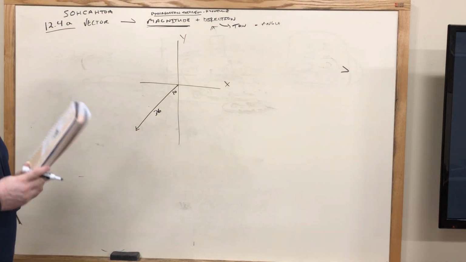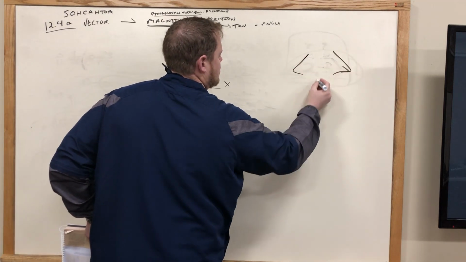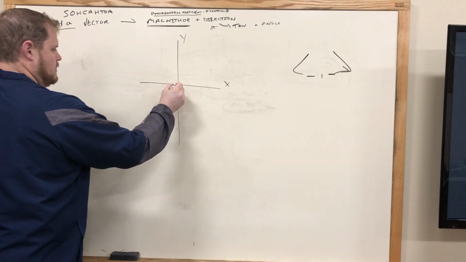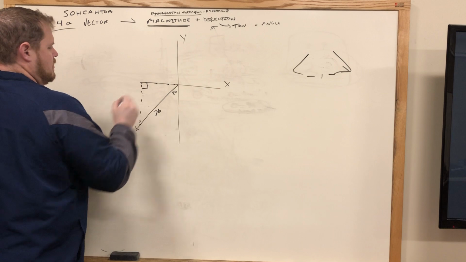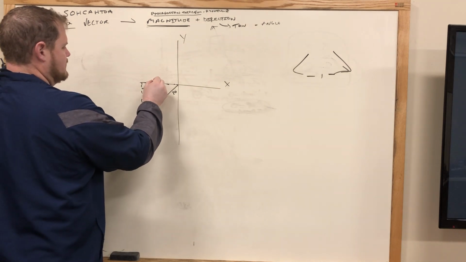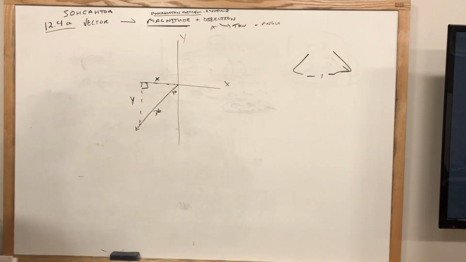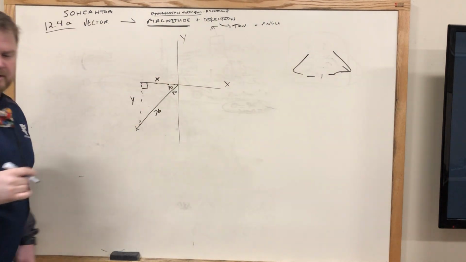Okay? 36 knots. So now what we're going to try to do in this case is we're looking for these two numbers right here. How do we find those numbers? Here's our drawing. So we're looking for X and Y, or A and B. So if this is 20 degrees, this is going to be 70 degrees.